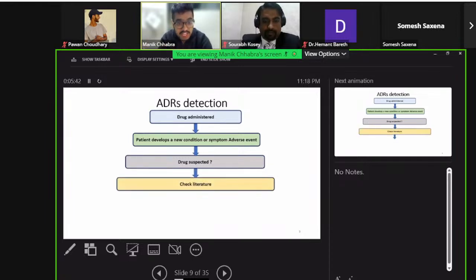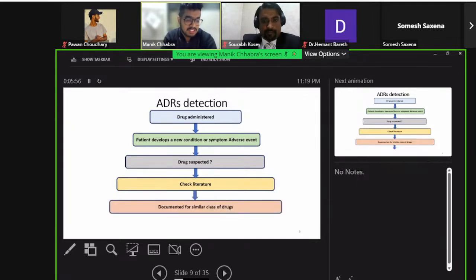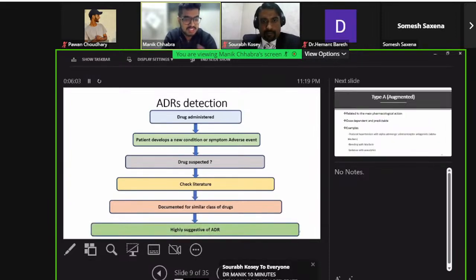If yes, then you check the literature, the drug information resources, the secondary evidence, and explore any pre-existing systematic reviews and meta-analyses on that topic. And then you can see if there are any documented cases of a similar class of drugs. Then at last, you can say this is highly suggestive of an adverse drug reaction.